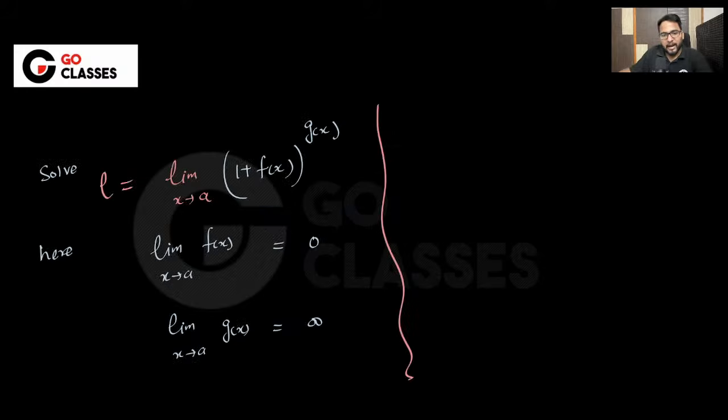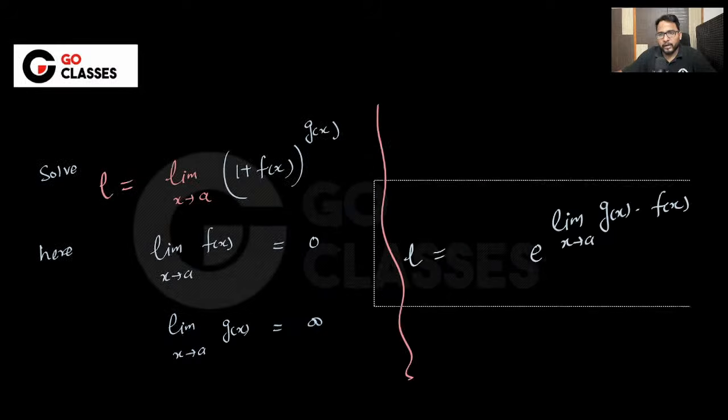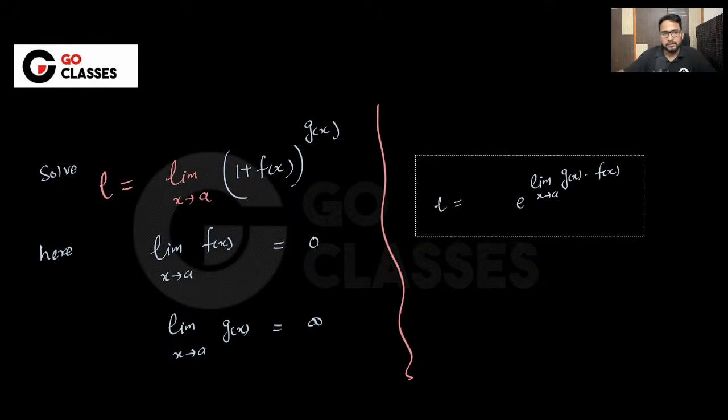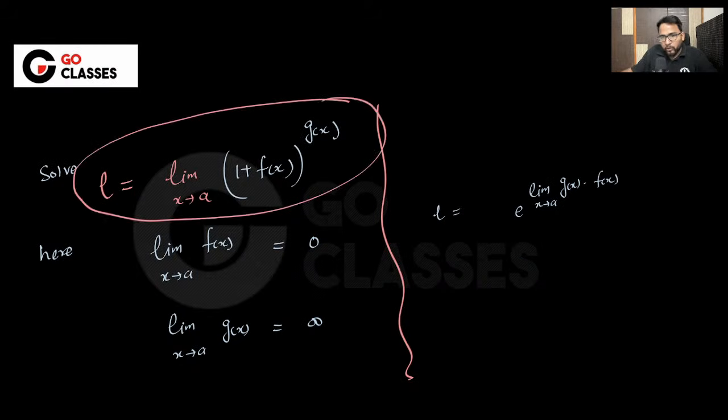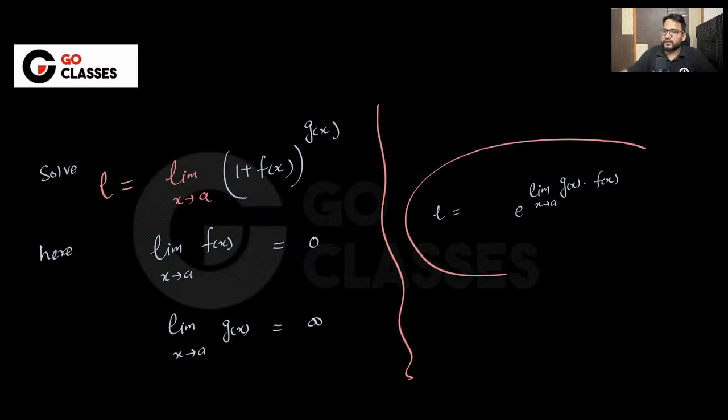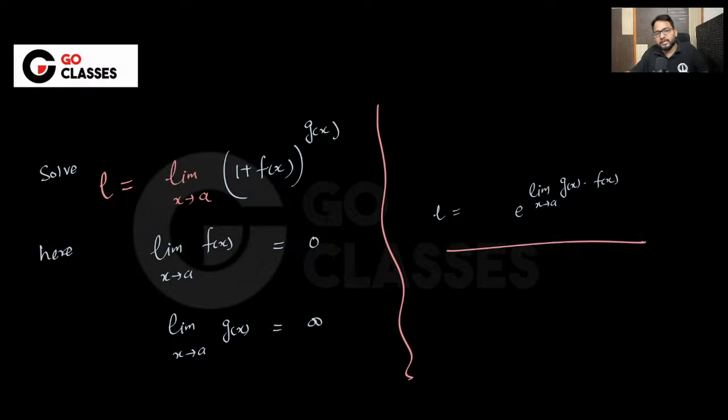So basically, either you write L like this or you write L like this. Is there any difference? I don't think so, right? Because this is just another way of writing this L. Let me know if you think there is any difference.